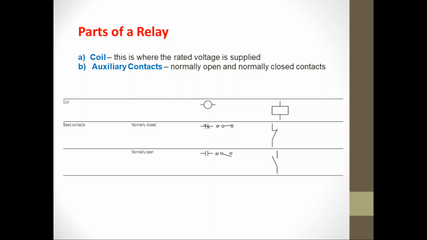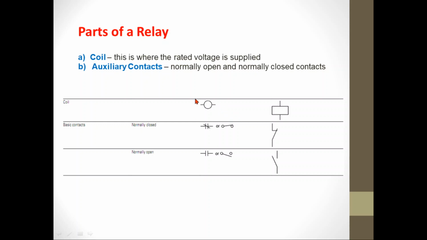So how does a relay become a switch? The relay consists of what we call auxiliary contacts. These auxiliary contacts are normally open and normally closed contacts.